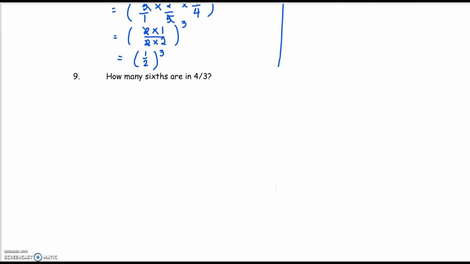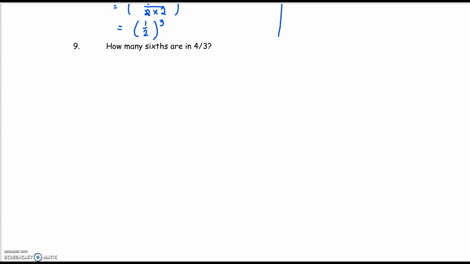Now let's look at the next question. It says, how many sixths are in 4/3? So let's just try to understand the problem by thinking in terms of whole numbers. How many 2's in 24?